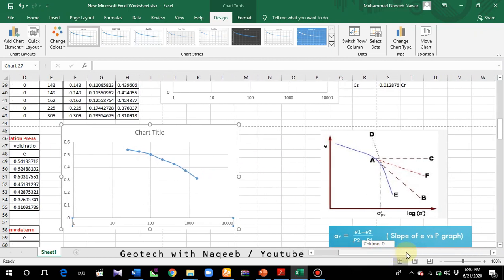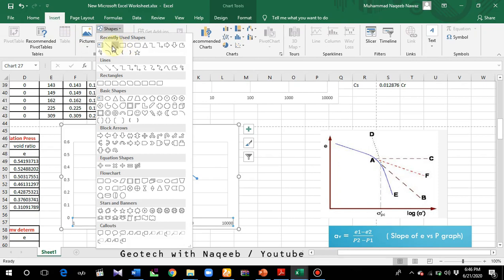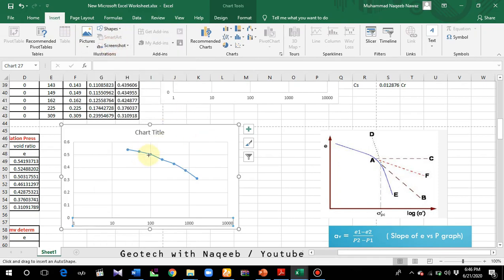Now we'll have to find out the pre-consolidation pressure. This will be done manually. Firstly, I will select the point of maximum curvature. If I go over here, Insert, Shapes, let's say this is the point of maximum curvature.